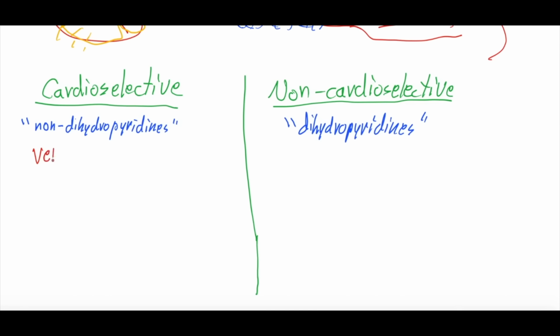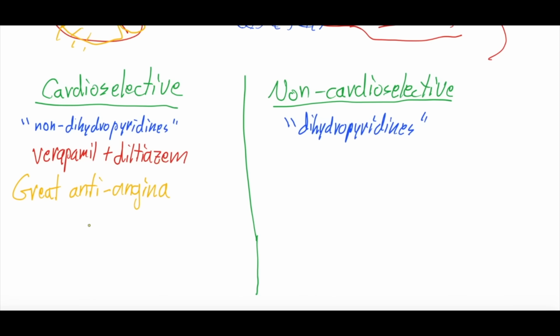The cardioselective non-dihydropyridines are verapamil and diltiazem. And as cardioselective, they're great anti-anginals. So they're great for patients with angina, which is you get chest pain from not enough blood flow from stenosis of the coronary arteries and little clots.